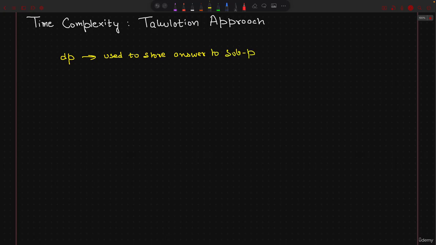Now this again is very important: we were storing the answer to sub problems in a bottom up manner, right? Overall it would be very easy because now there is no recursion or anything involved. Let us go back to code and see what exactly will be the complexity of this approach.